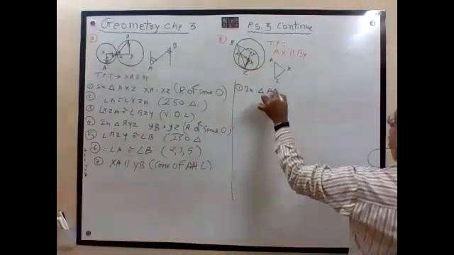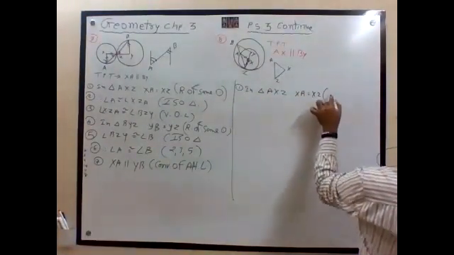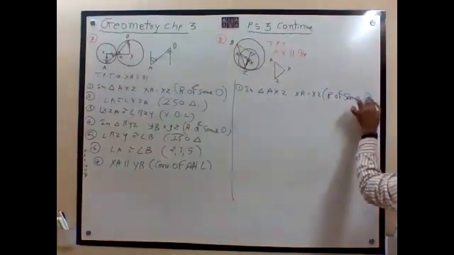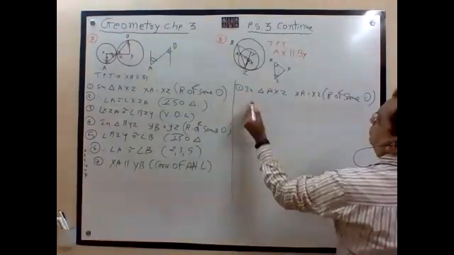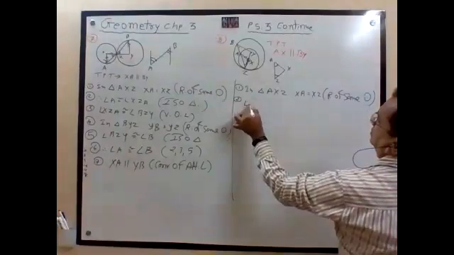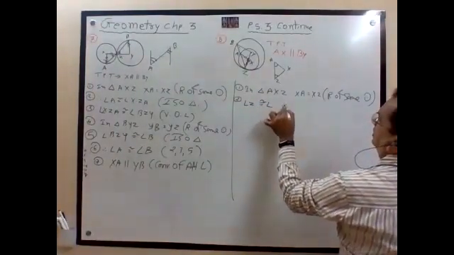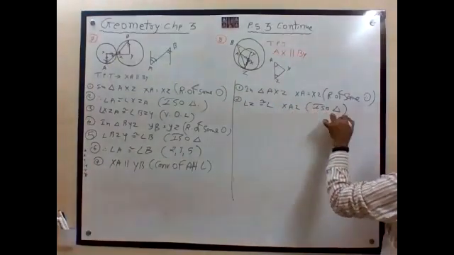In triangle AXZ, XA is equal to XZ, radii of same circle. Therefore, this equal to this, which angle Z congruent to angle XAZ, isosceles triangle.